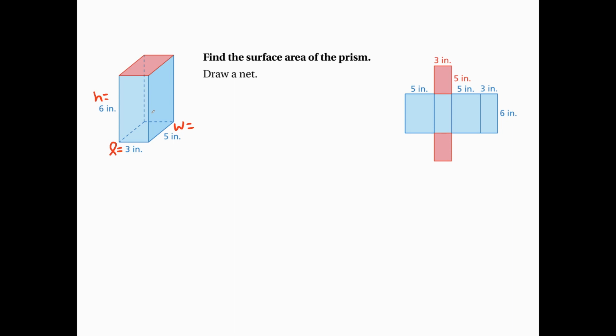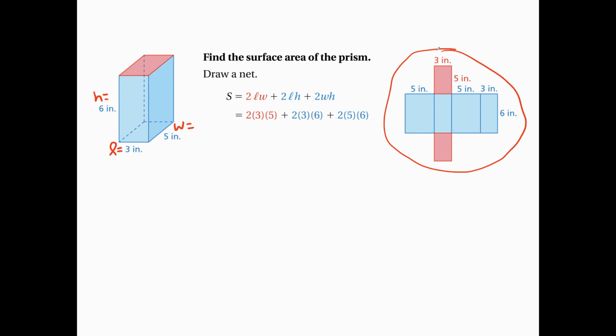Notice that a rectangular prism has 6 sides, and you can see it drawn over here and labeled. Then what I do is I just write down the formula: 2 times the length times the width plus 2 times the length times the height plus 2 times the width times the height. And then we just plug in the numbers.